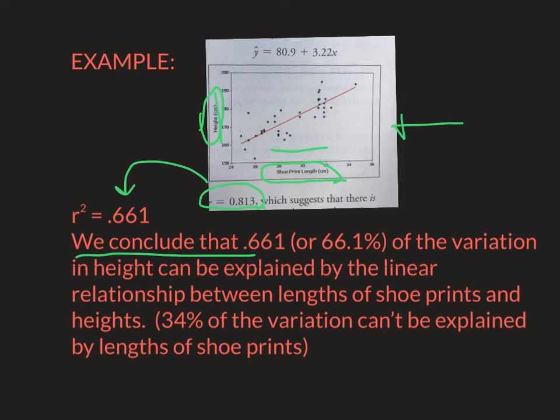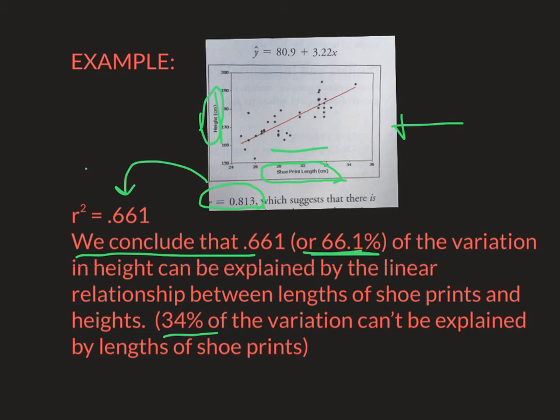Now, that's a pretty good percentage, but that still leaves 34%. That means 34% of the change in y can't be explained by lengths of shoe prints, which means there are other variables involved that have to do with height other than just shoe size or what print your shoe makes. It's a big determining factor, but not the complete determining factor.